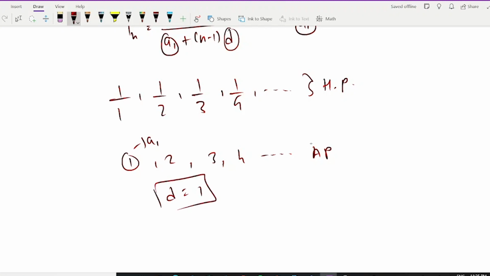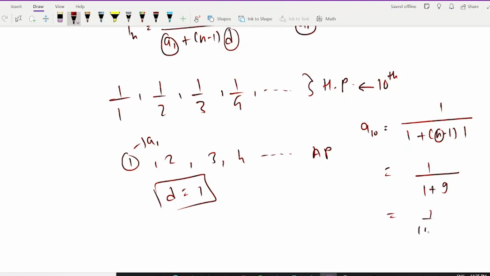Now if I want the 10th term in this sequence, I can write a10 is equals to 1 by (1 plus (n minus 1) times 1). Here n will be equals to 10. Okay, so 1 plus 9, or 1 by 10. So an or a10 will be equals to 1 by 10 in this harmonic progression.